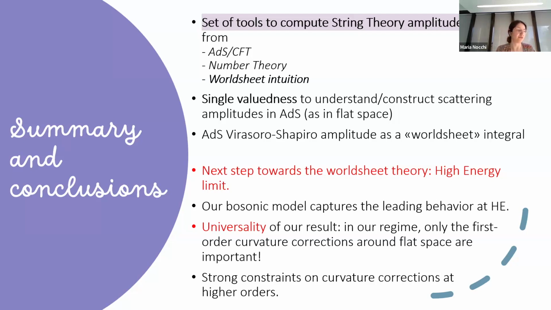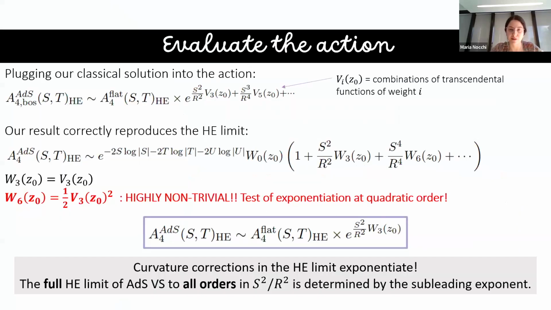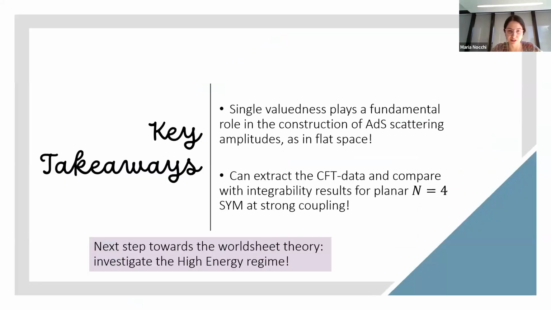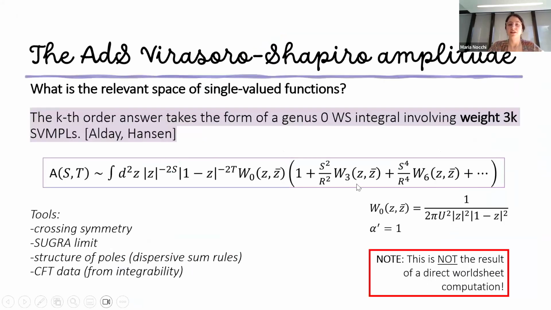So let me just for a second go back to the expression of the Virasoro-Shapiro amplitude as a worldsheet integral. Here, as I told you, by now we computed explicitly the first two corrections, and in principle, if you have the data from integrability, you will be able to write down the following ones.